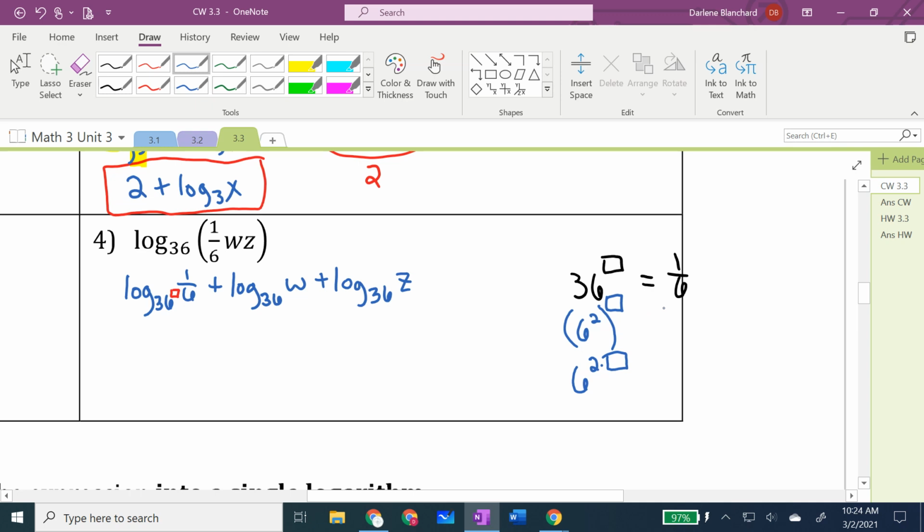And then 1/6 is 6 to the power of, what is the exponent on that 6? One-sixth is equal to 6 to the power of, I'm waiting in chat. There we go, -1.